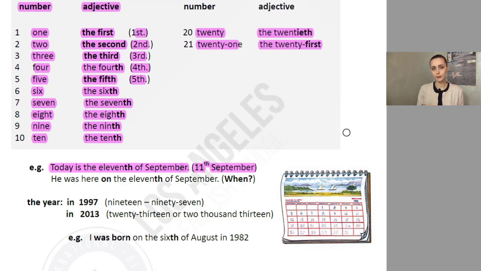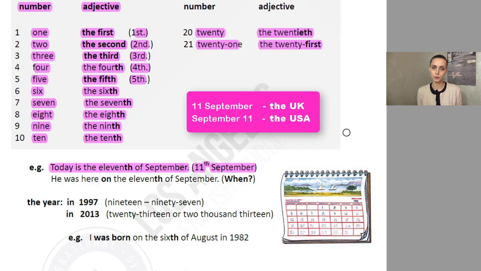And in writing, in American style, you will first write down the name of the month, and then the number. So it will be vice versa. For British, first the number, then the month.